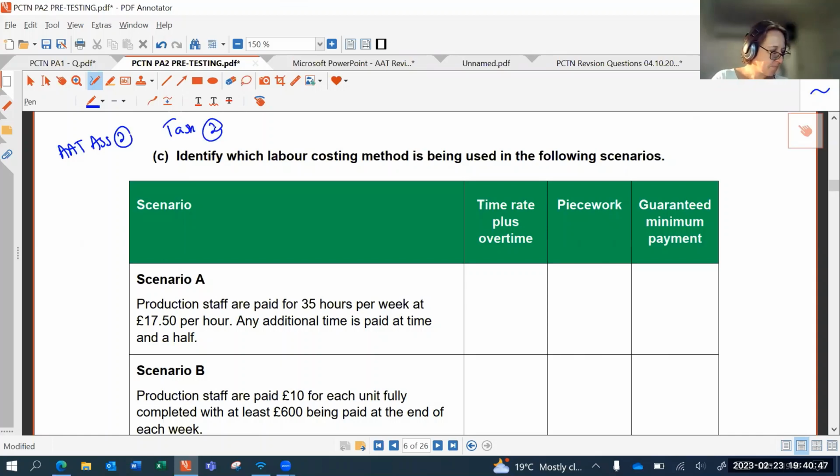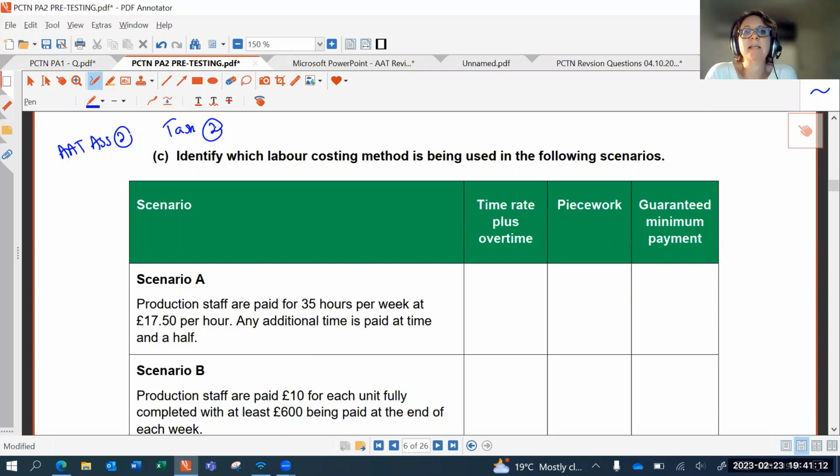Okay. So with labour then, there are various different ways that our staff can be paid. Quite commonly, staff are paid an hourly rate. And it may be that they're paid for a standard, let's say 40-hour week, and they get paid £10 per hour for the first 40 hours. If the employer wants them to work a little bit of extra time, maybe on a Saturday, they say, we know that you don't really like working Saturdays.